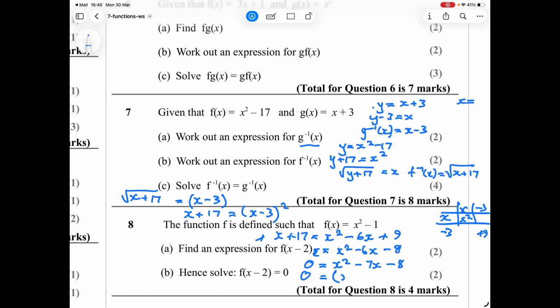So 0 equals, I'm assuming I can factorise. So what times is minus 8 and adds to minus 7? So it would be minus 8 and plus 1. So that means that x equals minus 1 and 8. And that's your answer for solving that.